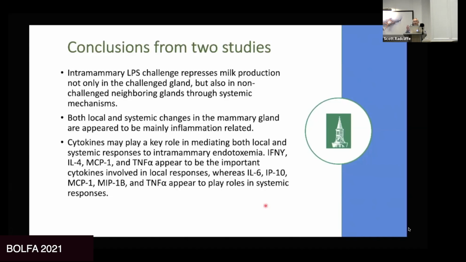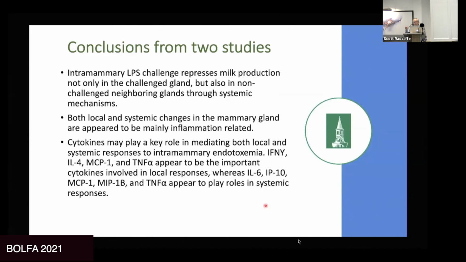Particularly, we are very impressed by the systemic effect on milk production in the non-LPS challenged quarters, those three quarters without LPS challenge in the treatment cows, because the milk production was very similar for at least 24 hours, okay?